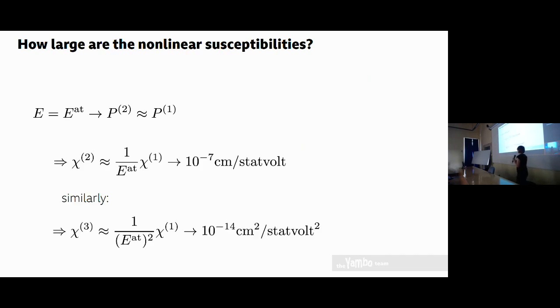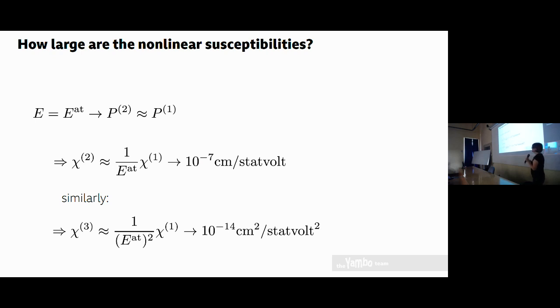If we then go to the expression of the polarization expanded as a power of the applied field, we see that the second order susceptibility has a magnitude which is 1 over this atomic electric field times the first order susceptibility.